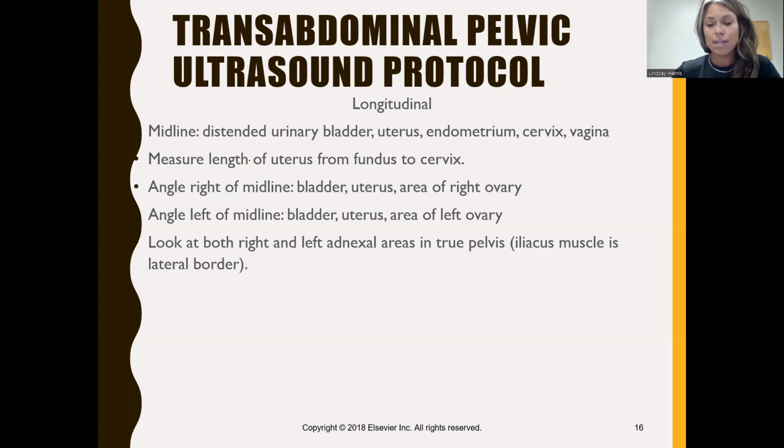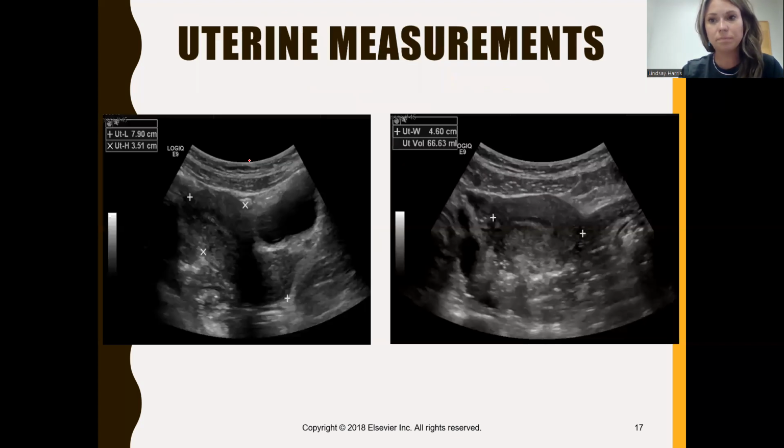Then we're going to turn transverse on the ovary, and we are going to take a width measurement at that time. And we're going to scan through there just to make sure that there's, again, no masses. We're looking at the entire ovary. Then you'll go to the right adnexa and just make sure there's no fluid or an adnexal mass that's outside of the ovary.